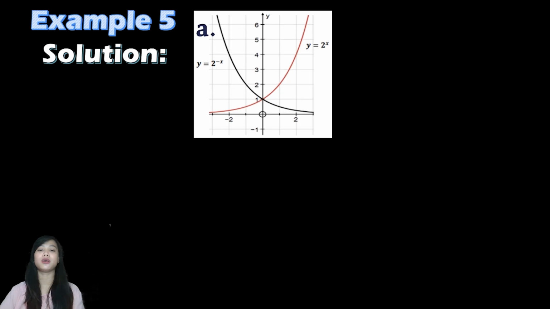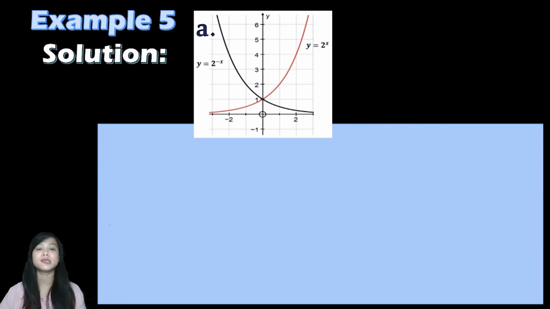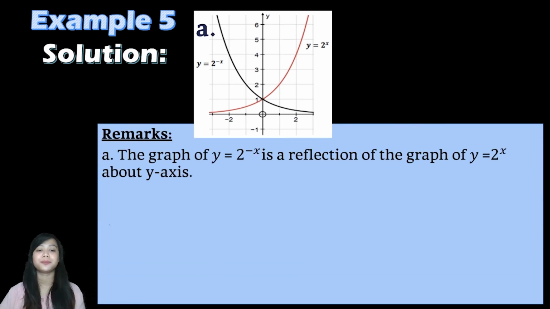For the remarks of these graphs, for letter A, the graph of y equals 2 raised to negative x, or this black smooth curve, is a reflection of the graph of y equals 2 raised to x, this red graph.